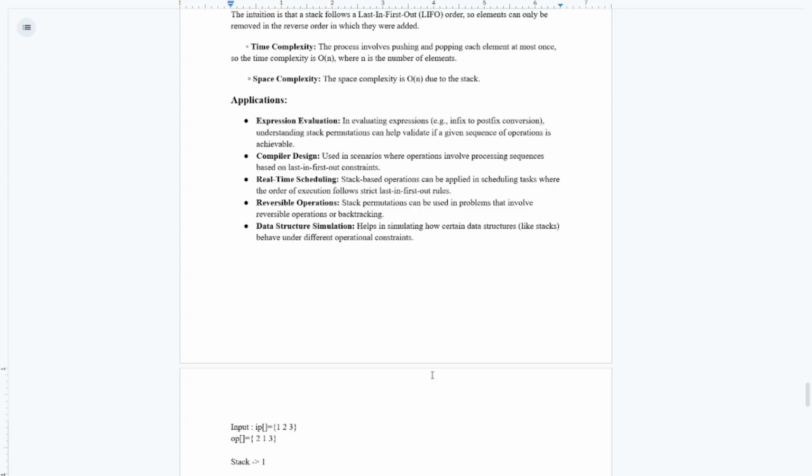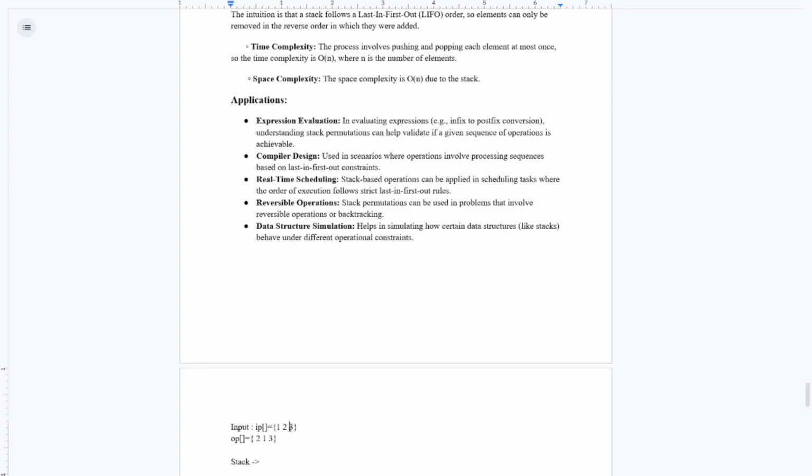Then you will check if it's equal to the output array element. You will check with 2. You will say no, it's not equal. Then you will push another element, that is 2. You will again check, says yes, 2 is equal. तो जब तक इक्वल है तब तक पॉप करते जाओ. So okay, then this is also equal. Oh, stack is empty. Stop.